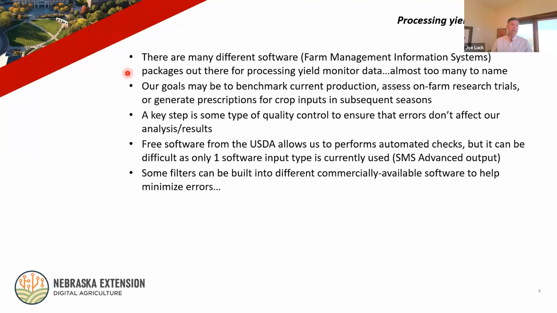The easiest example I can give you is a lot of folks that we talk to, if they're still in that boat, they might have an Ag Leader SMS Basic package where they can plug the thumb drive in and import it into SMS. Once you have it in that software, you can export it into other formats, maybe a shapefile or a GeoJSON, something like that might be useful. And I see a lot of researchers doing that.